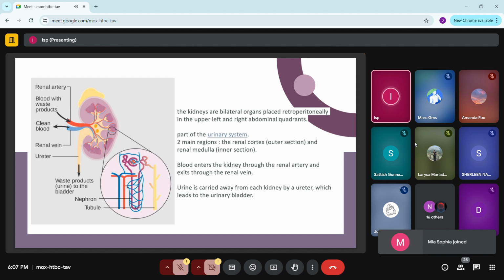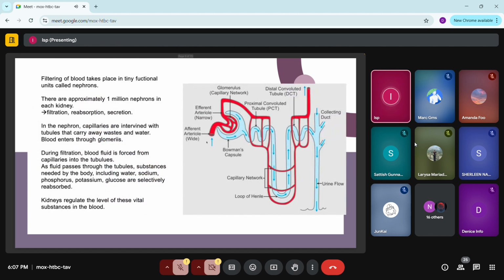So you follow through the renal arteriole and then you will go into glomeruli like that. In this area, the vessel is semi-permeable and the blood is forced through at high pressure, and then continues out, draining to the kidney.